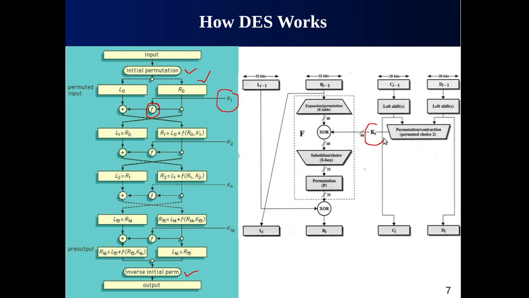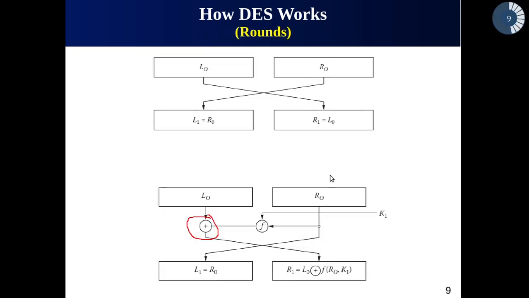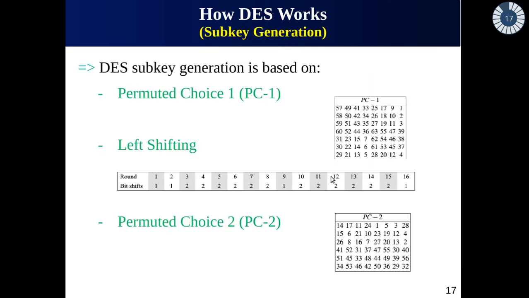For each round, we generate a subkey. This subkey generation is based on the following operations: permuted choice 1 (PC1), left shifting, and permuted choice 2 (PC2).